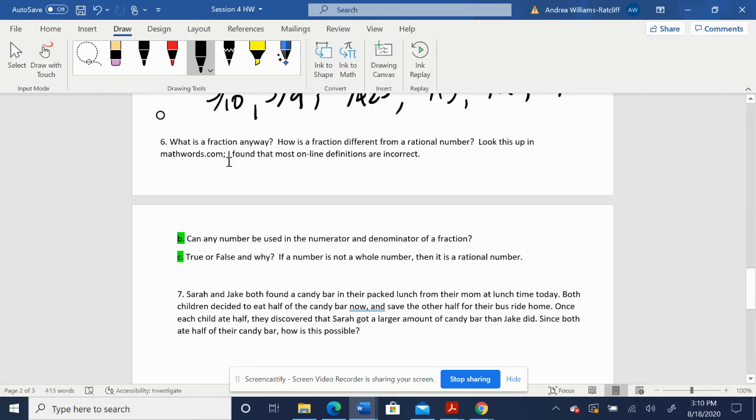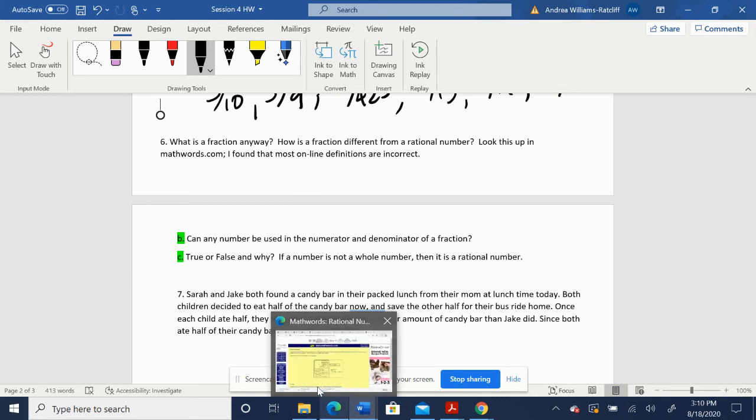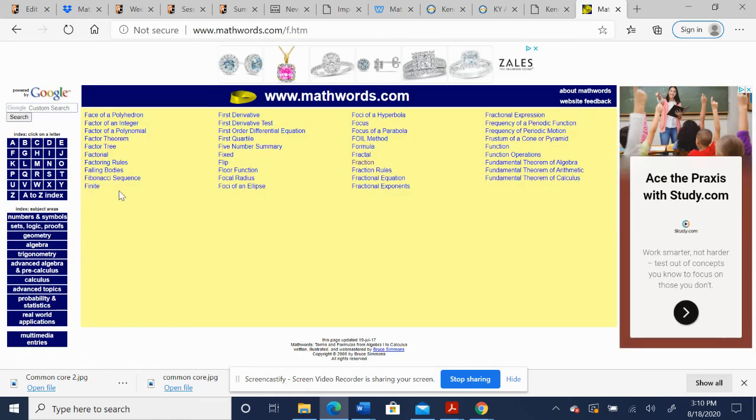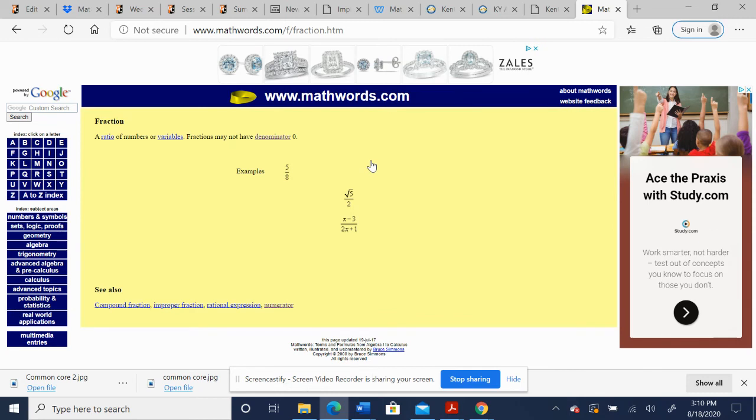A fraction is a comparison of 2 parts. If we go back to mathwords.com and see the technical definition of fraction that they give, it's a ratio of numbers or variables. For us, it's going to be numbers.